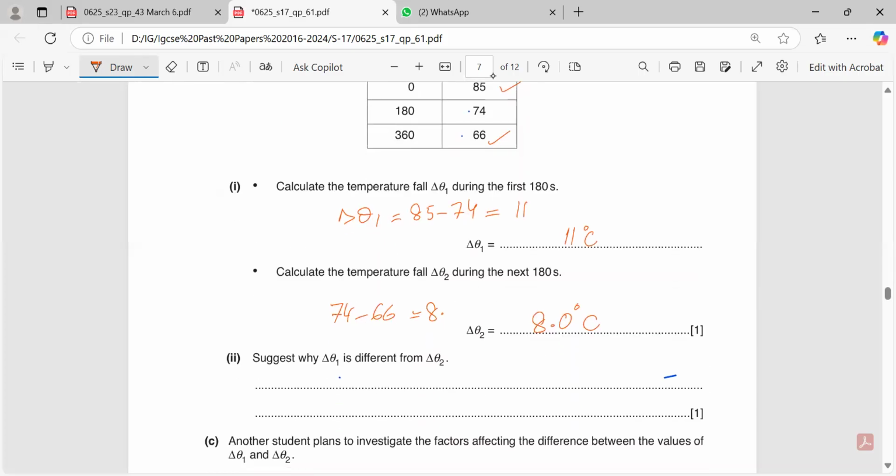Suggest why delta theta 1 is different from delta theta 2. I'm waiting for your response. Mean time interval is same. Why is the answer different?